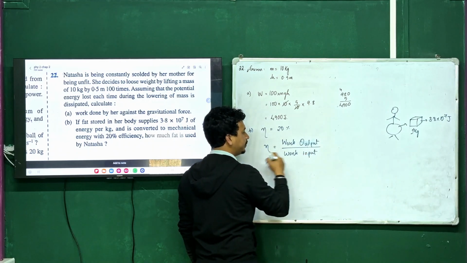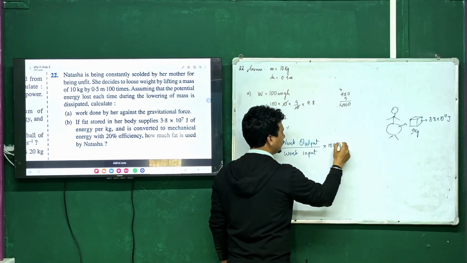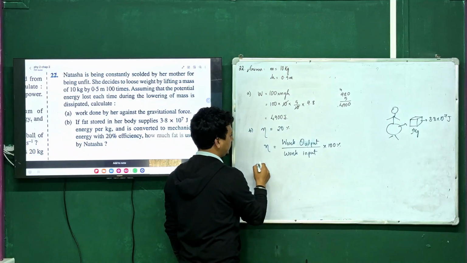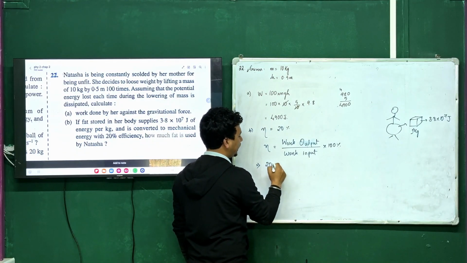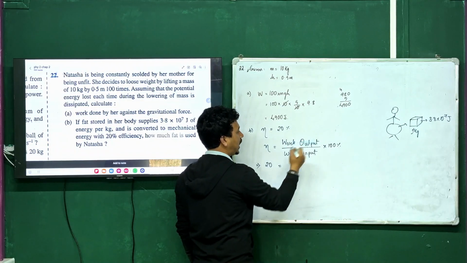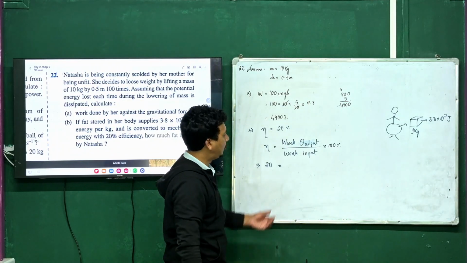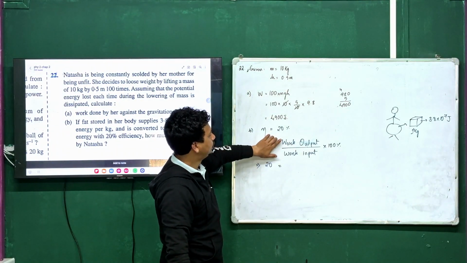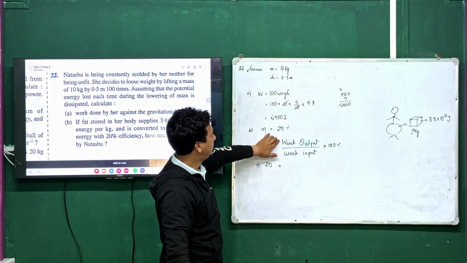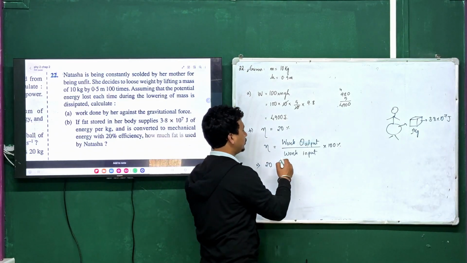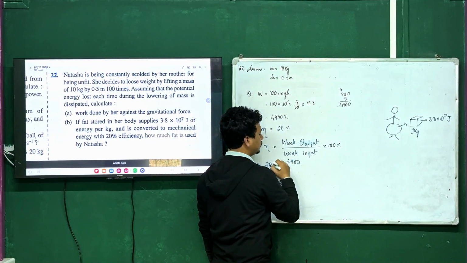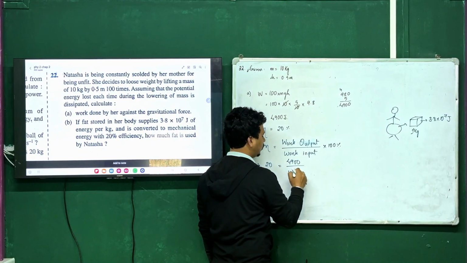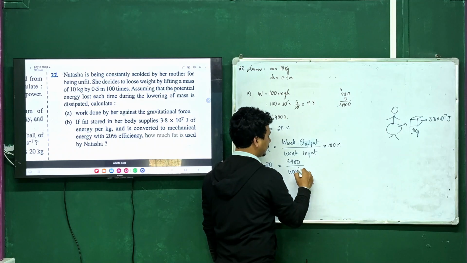Since it is in terms of percentage, it will be 100%. So efficiency is given to be 20%. Work output means how much energy do we need, right? So how much energy do we need? 4,900 joules, and we have to calculate the work input.